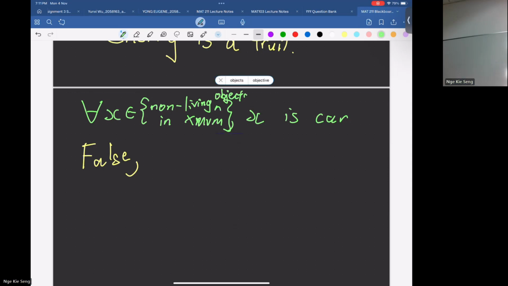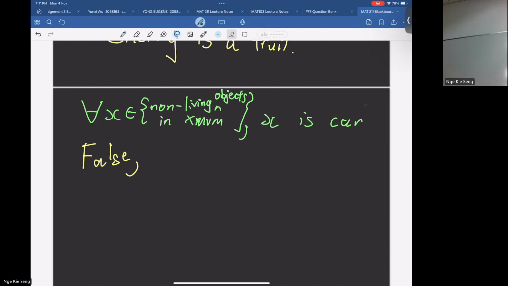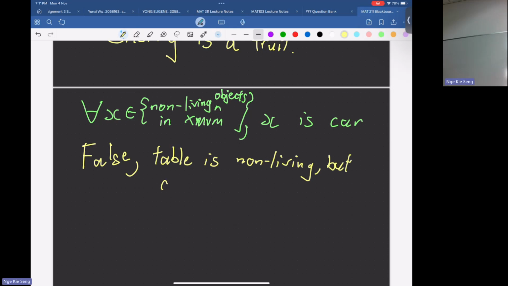Let's pick one again. True or false? False. Why? Okay, so a table is non-living, but not a car.